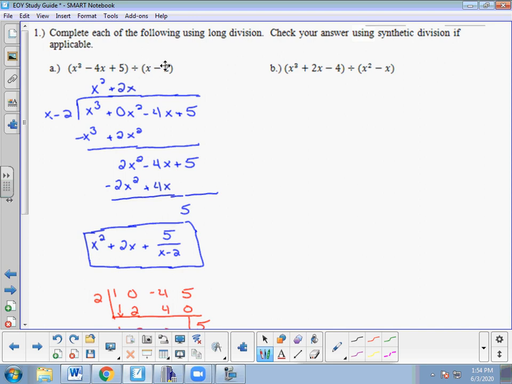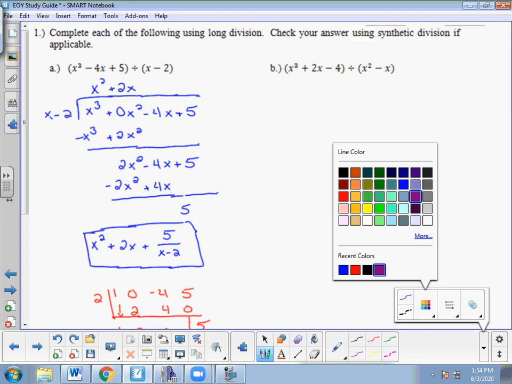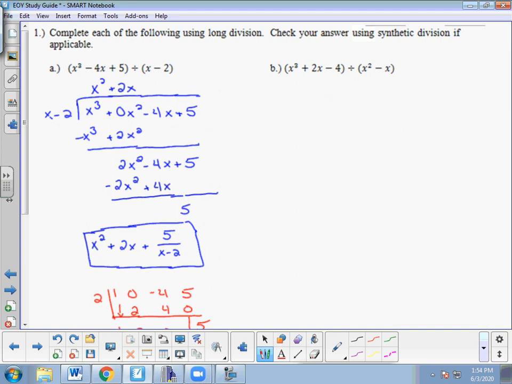So x minus 2 is of degree 1 because this is x to the first power, so I could do synthetic division, and we did. In B, the divisor is x squared minus x. This is of degree 2 and has more than 1 zero, and so there is no way to do synthetic division that we know of with this problem. So instead, what we will do is long division. The only way to solve this, based on what we know, is long division.